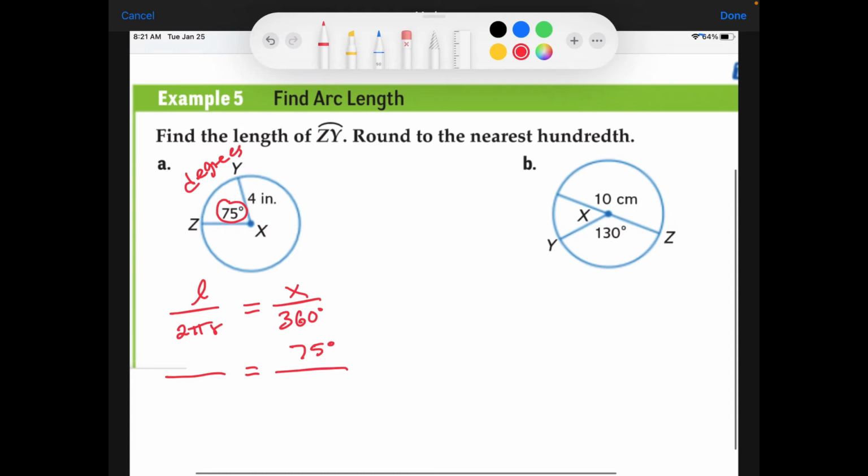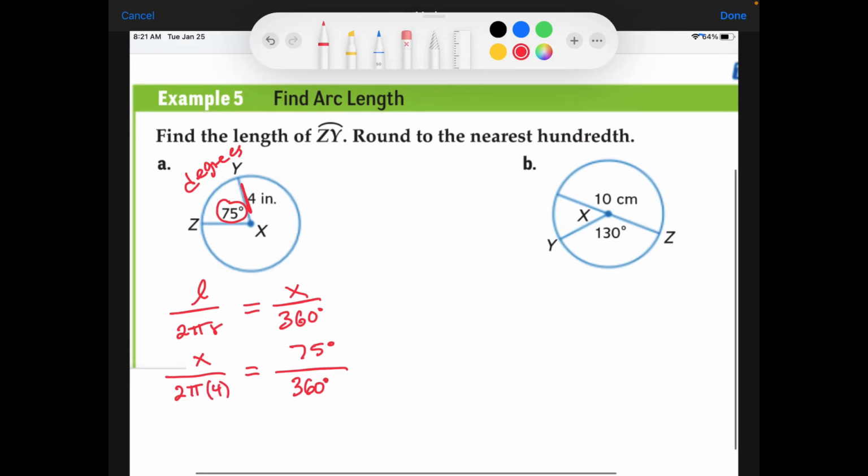That would be 75 degrees, the central angle, over the total. We want to find the length of the arc, so we replace it with an x, because we use x most of the time for things we are trying to find in math. Then 2 pi and your radius.